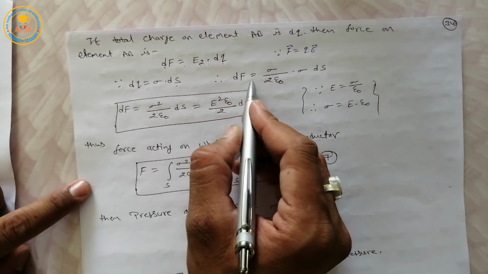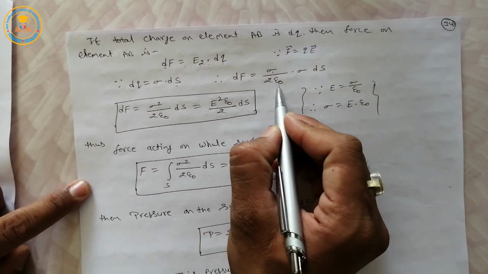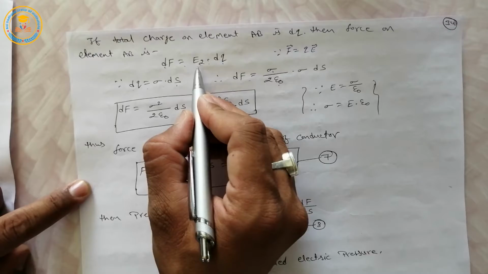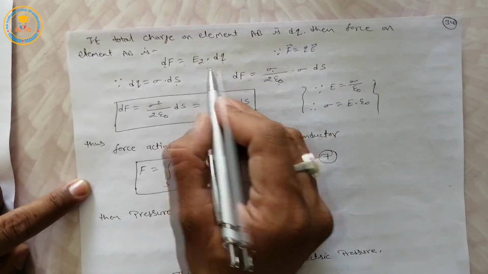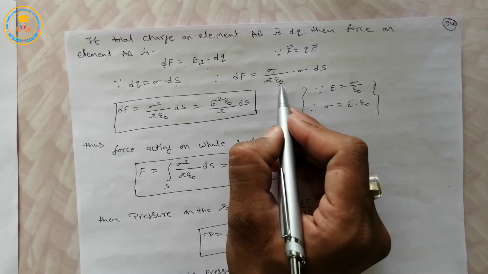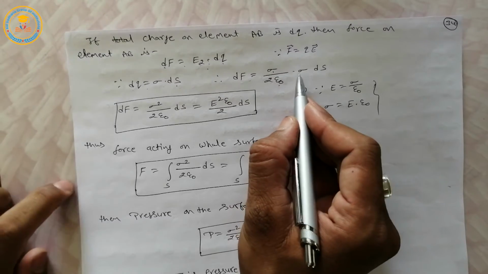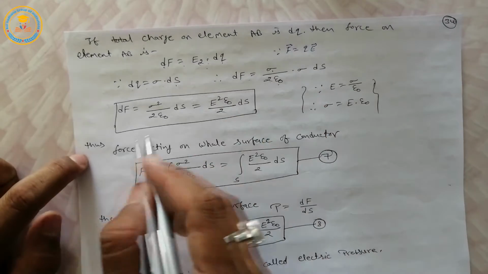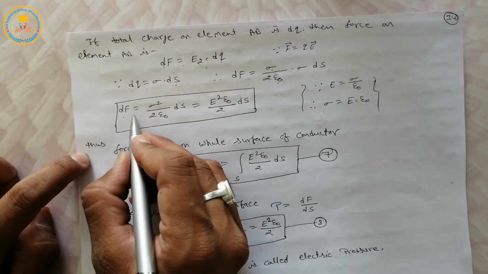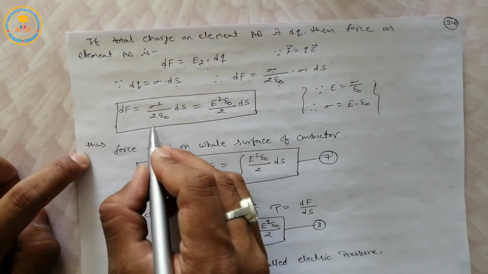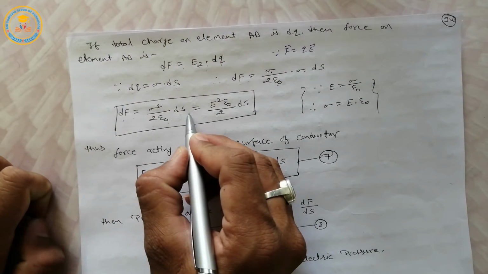So dF is equal to E2 into dQ. Putting the value of E2, sigma upon 2 epsilon naught, into sigma into ds, we get dF is equal to sigma square upon 2 epsilon naught ds.